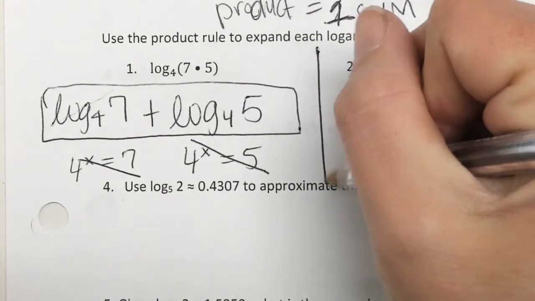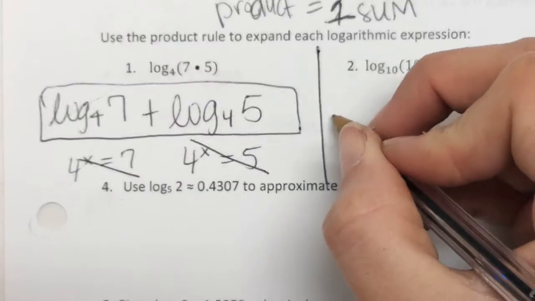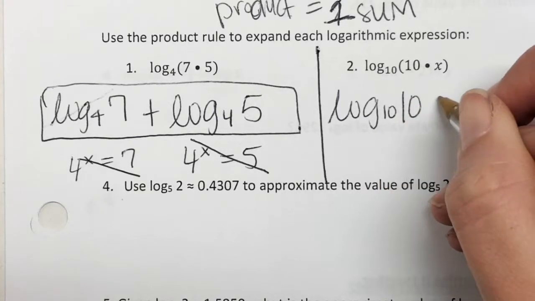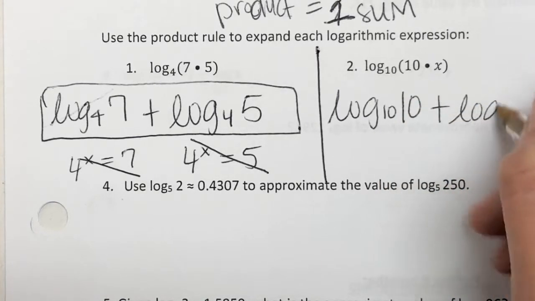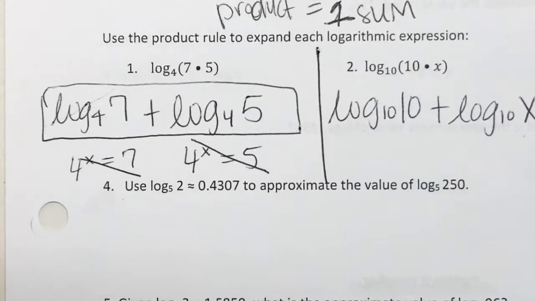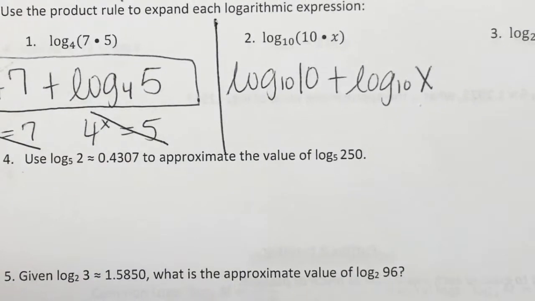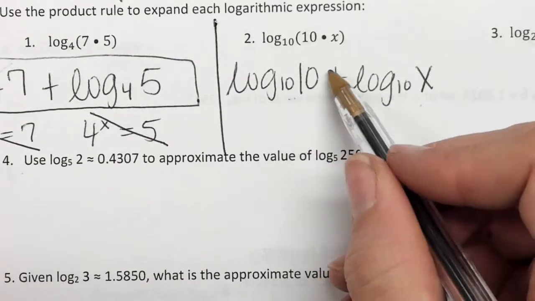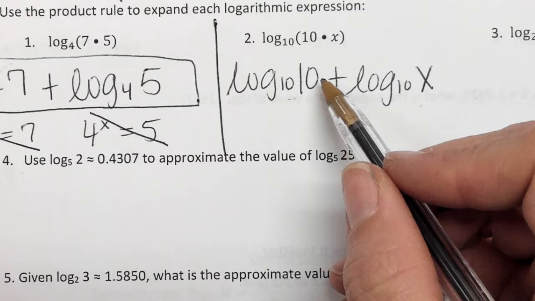Alright, tell me how to break this one up. Sure, Antonio, go ahead. Log 10 of 10 and log 10 plus log 10. Good. That's how you expand it. We can simplify this one because can you raise 10 to a power to get 10? Yeah. You can raise it to the what power?